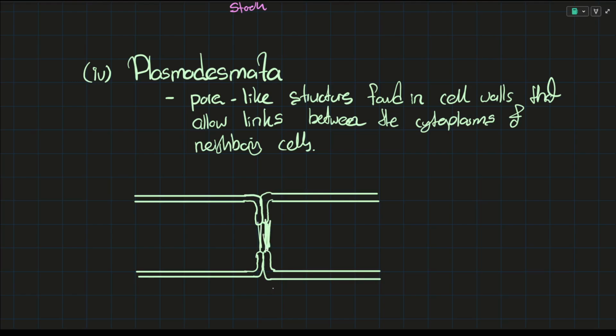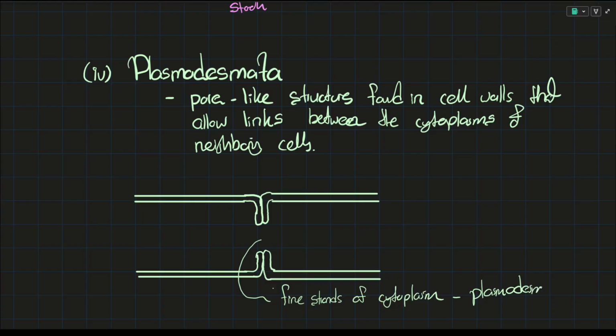Right. So you can clearly see this distinction, right? While they would be like this, there's this small gap here between these things. We typically refer to this place as having fine strands of cytoplasm, and that is what our actual plasmodesmata are.